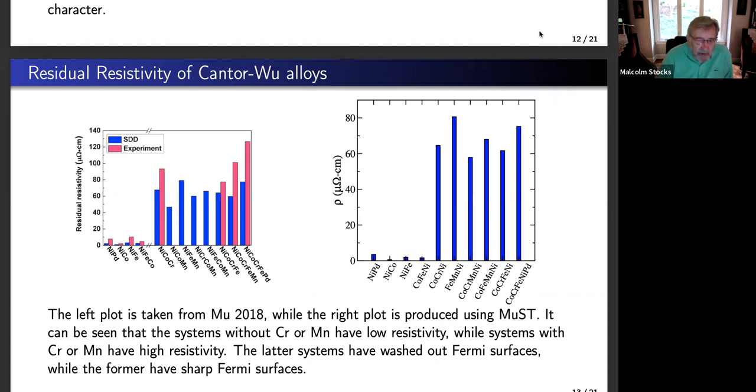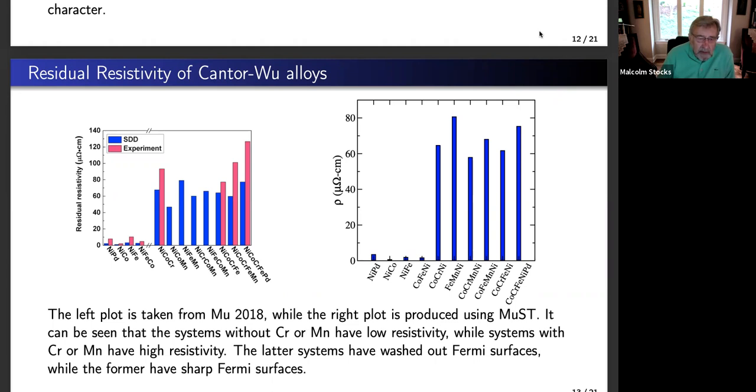Basically what happens is, for the most part, chromium and manganese do go antiferromagnetic with respect to the other elements, iron and cobalt. But again, with the chromium moments much quenched.